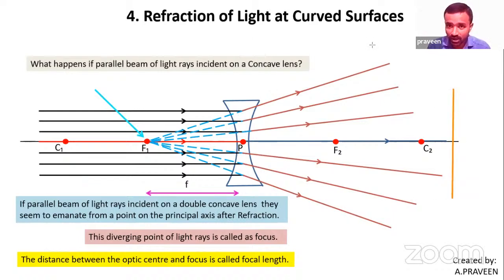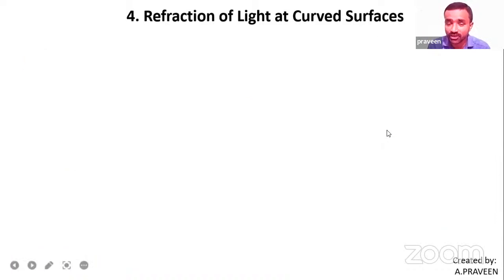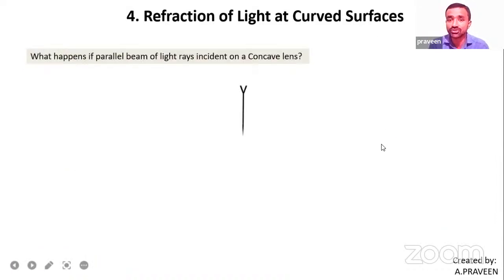At the top, one side is left and the other is right, like this. Then at the bottom also, one is left side and the other is right side, bending like this. That's why we use this symbol for the double concave lens, as you see on the screen.